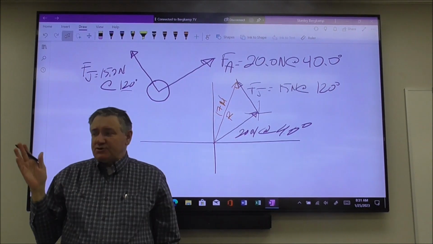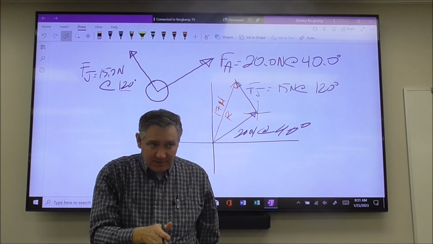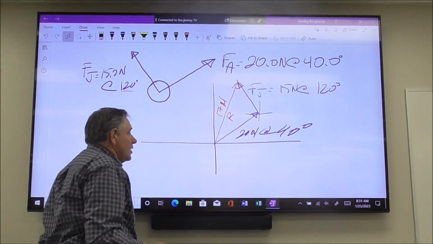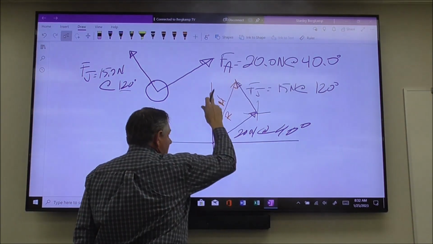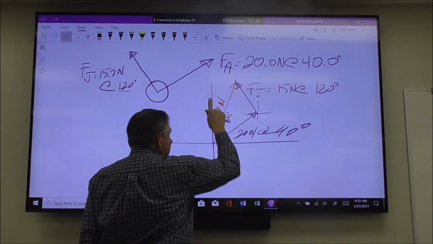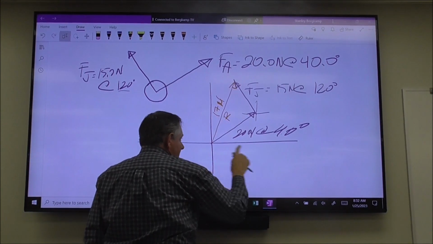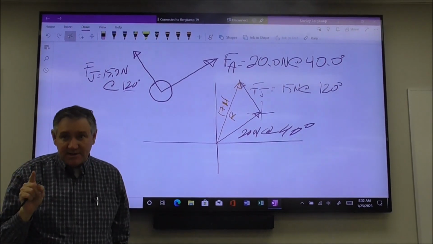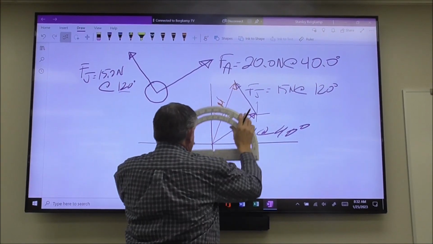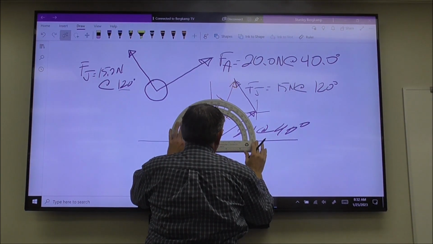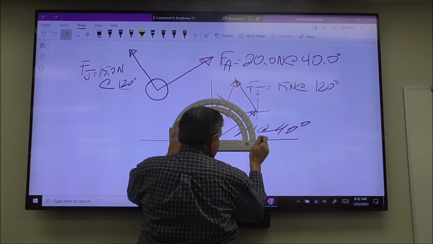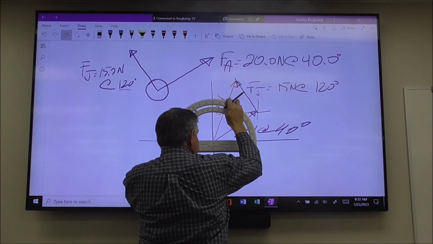Now, the tricky part is the angle, okay? When you measure that, the angle has to be measured back from this initial positive x-axis right here, okay? So you've got to go from here, and you're going to measure around like this.